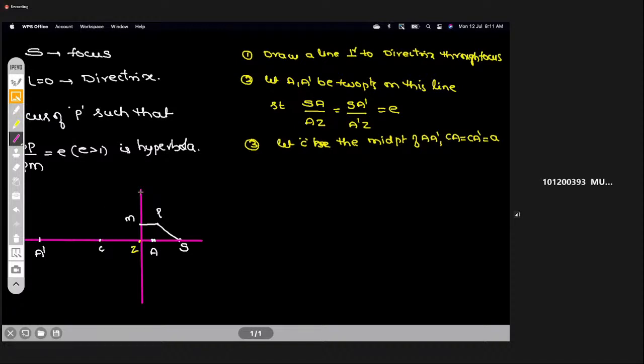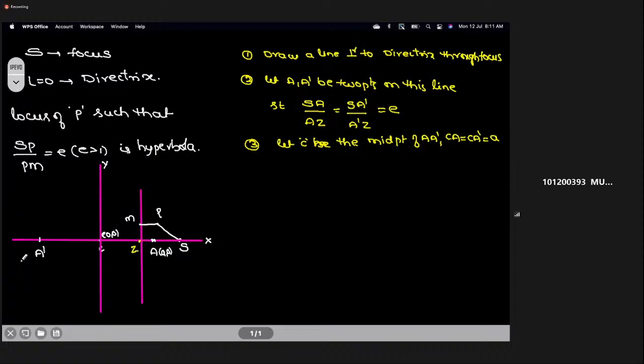Draw a line parallel to the directrix through the center. Take it as y-axis, take it as x-axis. Automatically, this will be 0, 0. This point A will be A, 0. And this is minus A, 0. Everything comes at a time.